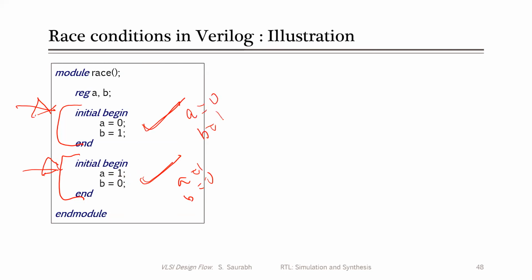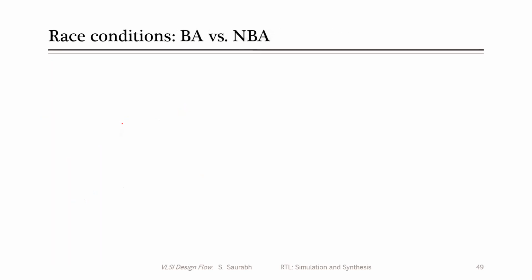And therefore, the value of these signals depends on the order of execution of the initial blocks, and therefore there is a race condition. This is not a good code or a good writing practice. You should not write code in which there are race conditions. So this is an example of a race condition.